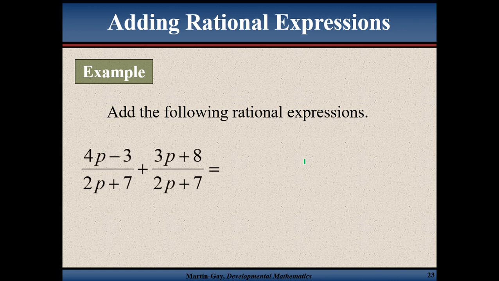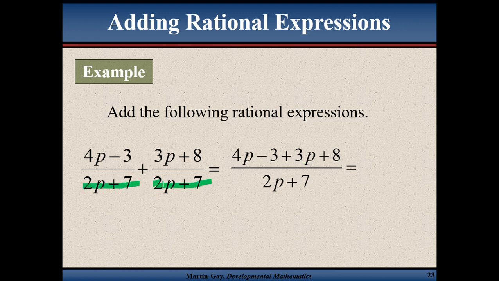So, here, 4p minus 3 all over 2p plus 7 plus 3p plus 8 over 2p plus 7. So, here, ayan, we have a common LCD niya, the least common denominator. So, ginahit natin yan. So, 4p. So, pag chinek natin to, natitira is 7p plus 5. Di ba?